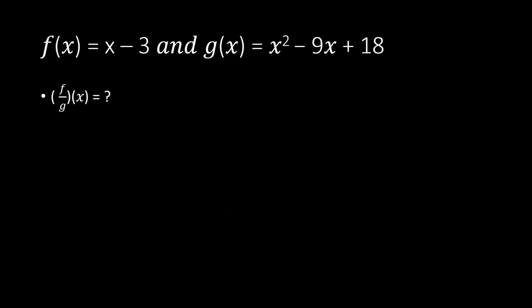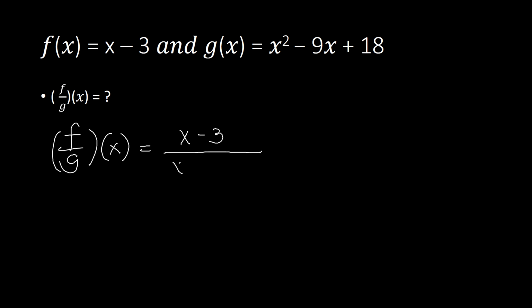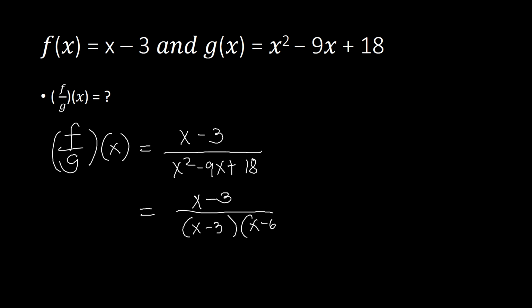So next, let's go for the other one, f over g of x. Again, we're going to do f of x, which is x minus 3. Our x squared minus 9x plus 18 is at the bottom part, and we need to factor out the trinomial here. So x minus 3 over x minus 3 times x minus 6.